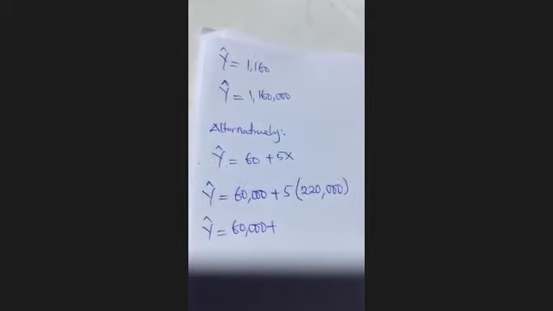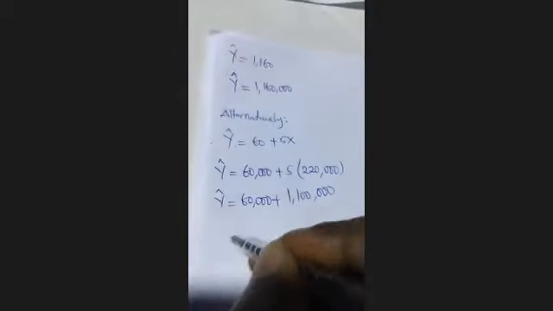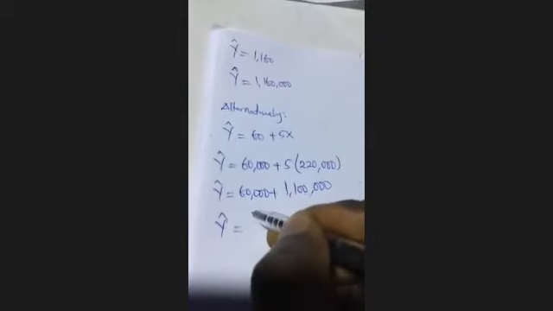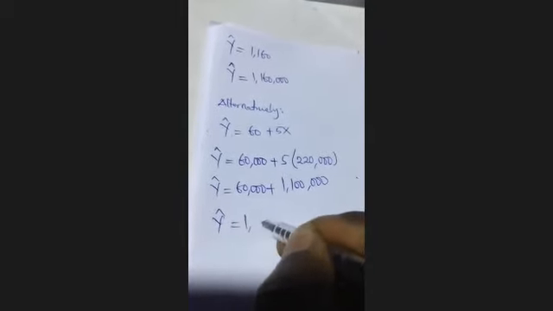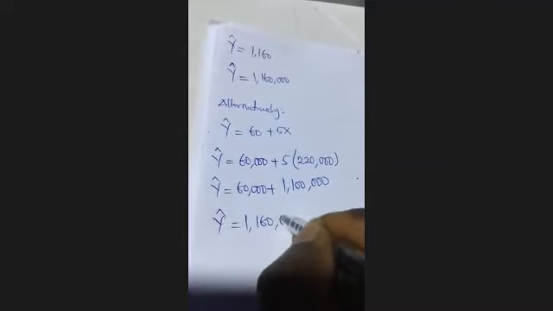We have 1.1 million. So if you add it together, it's going to give you 1 million, 160,000.